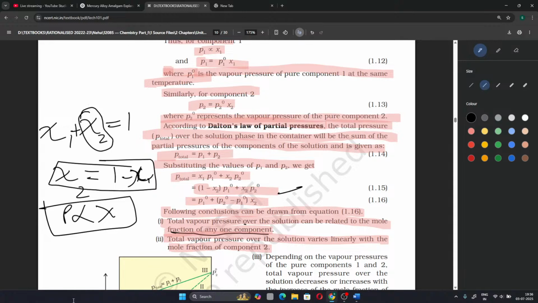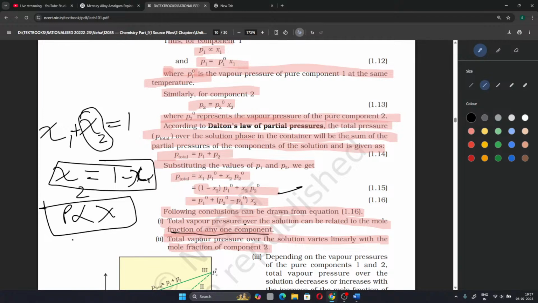Basically, a similar thing we saw in the case of Henry's law as well, where they said pressure is directly proportional to dissolution, but here it is a bit different. The core formula is the same proportionality, pressure is directly proportional to mole fraction, but there it is the partial pressure of the gas and the solubility of the gas in the liquid, whereas here it is the vapor pressure of the liquid and the mole fraction of the liquid in a binary solution.